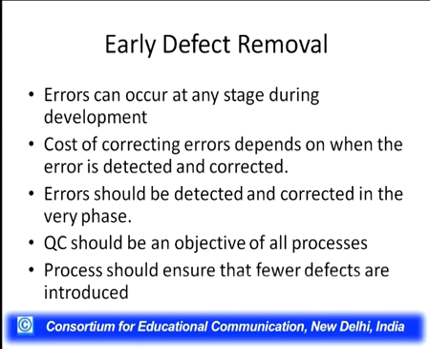For example, if an error occurs at the time of requirement specification and it is detected at the time of acceptance testing, then the cost of that error will be 100 times more as compared to if the same error had been detected at the end of the requirement phase itself.